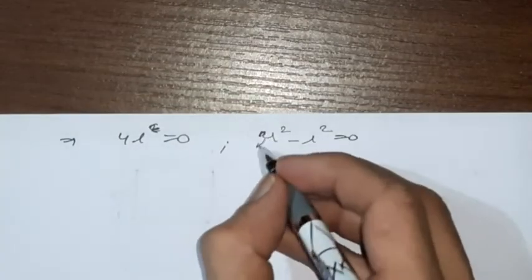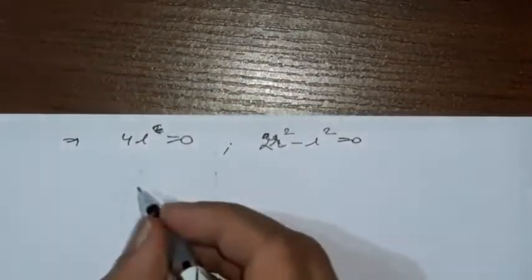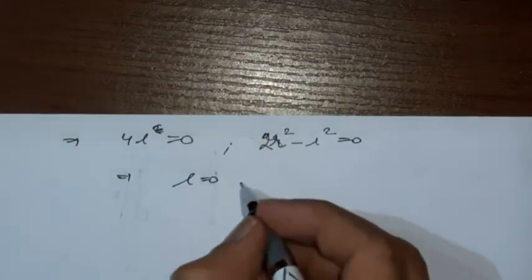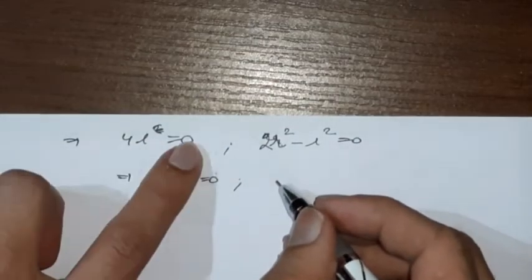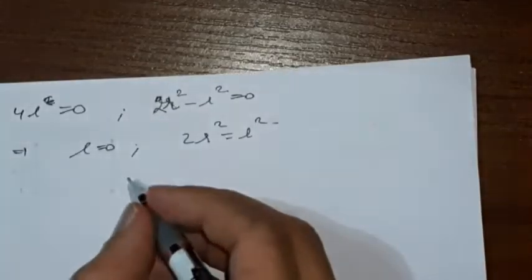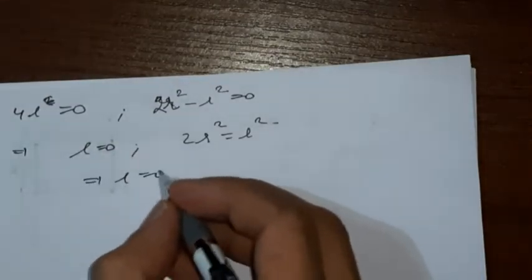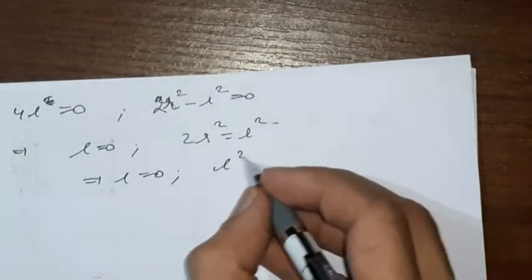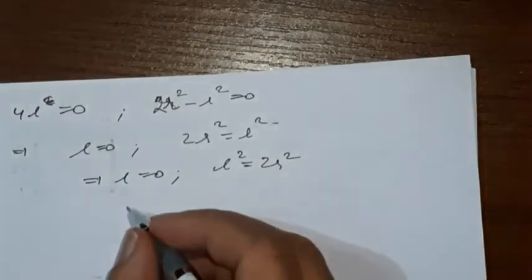So this is what you get. Here, if we divide by 4 on both sides, you will get L equal to 0, and here 2r square is equal to L square. So this implies L is equal to 0 and L square is equal to 2r square.